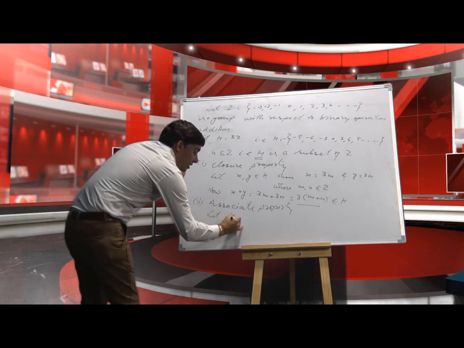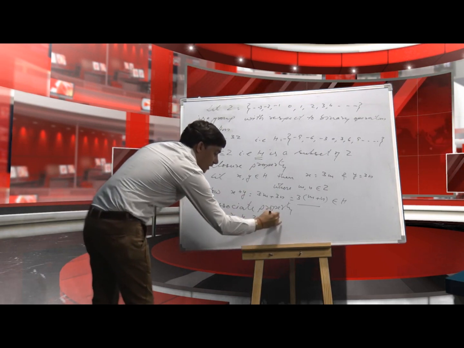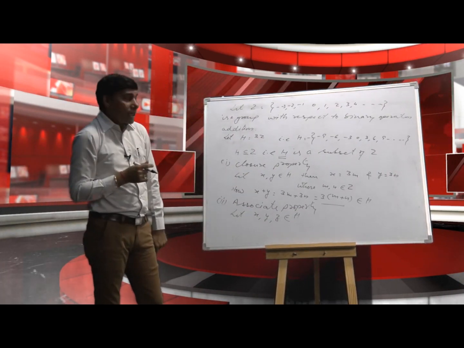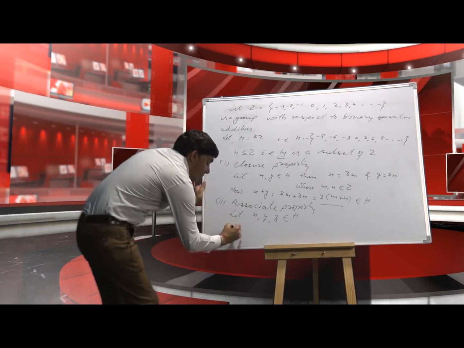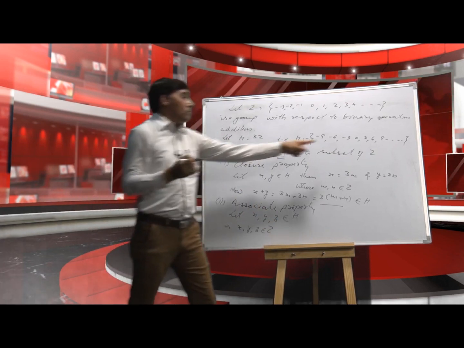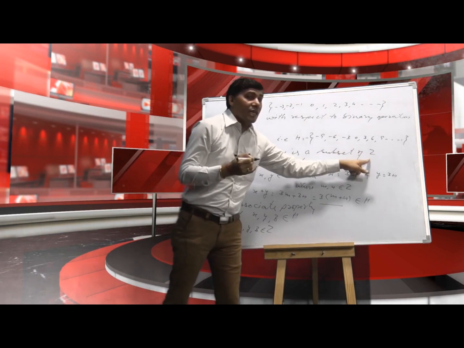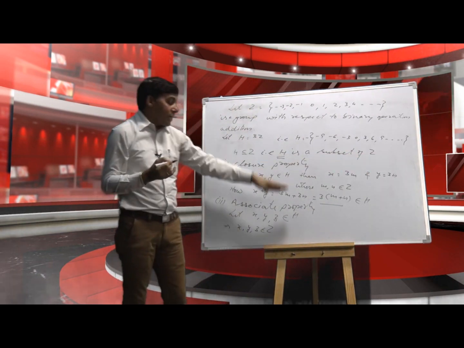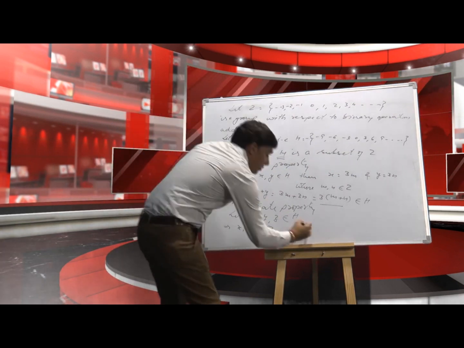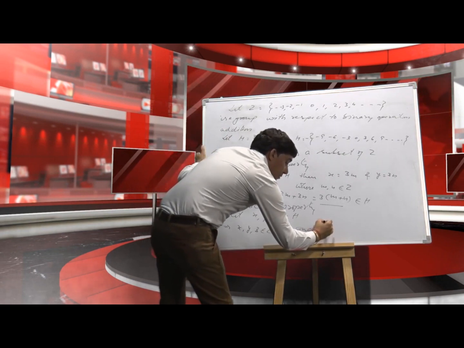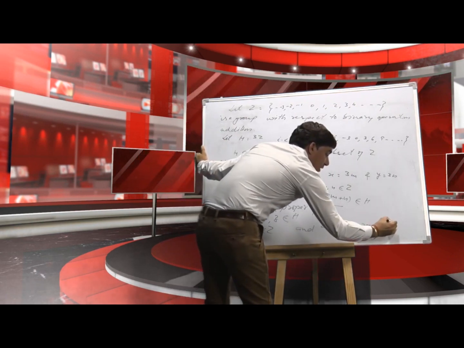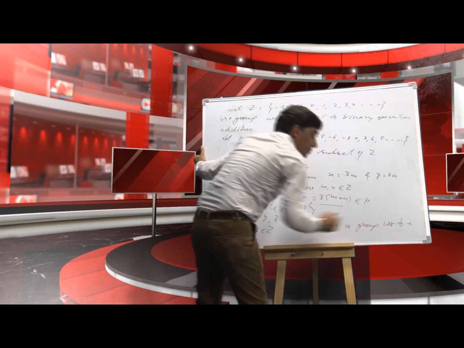Let x, y, z belong to H. This implies x, y, z belong to Z, because H is a subset of Z, that means every element of H is an element of Z. So x, y, z belong to Z, and Z is a group with respect to addition.